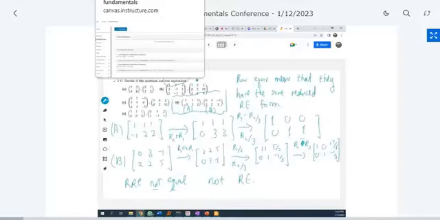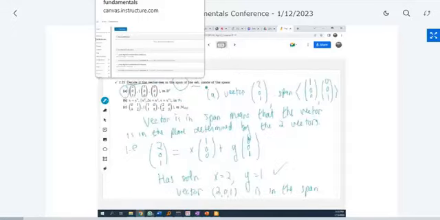That's the first one. And then row equivalent just means I take the reduced row echelon form of the two matrices and see if they're the same. To see if a vector lies in the span, you just set up an inhomogeneous equation where the vector is the inhomogeneous part and the matrix is formed by the two vectors.